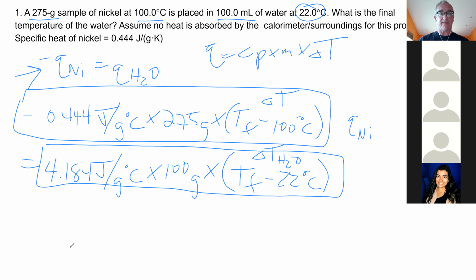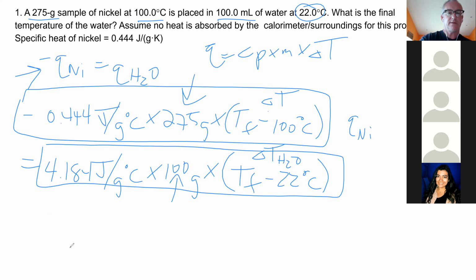So now it's just a matter of multiplying everything in here and multiplying everything in there because they equal each other. And then once we have numbers on both sides of the equal sign, then we can start moving things around and solving for TF. So the bottom one is going to be minus 0.444 times 275. Actually, let's just do the math here. So 0.444 times 275.